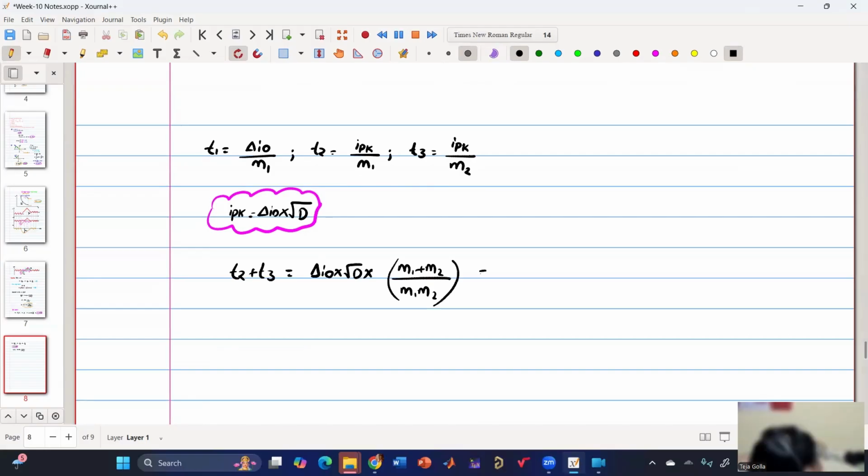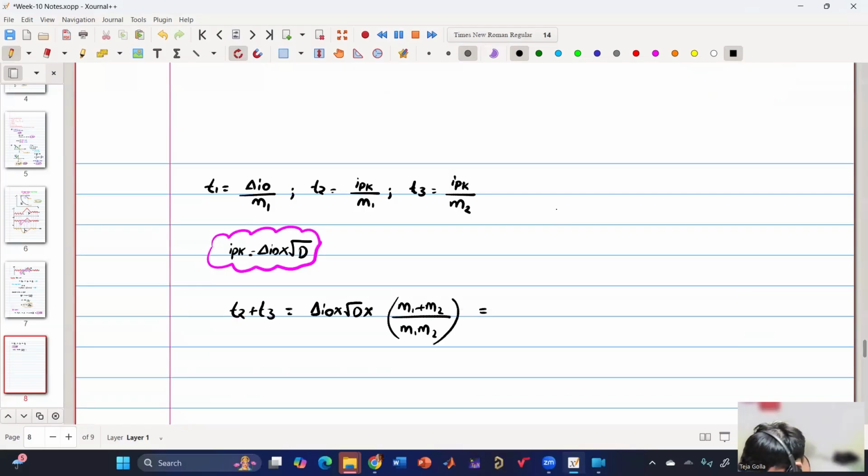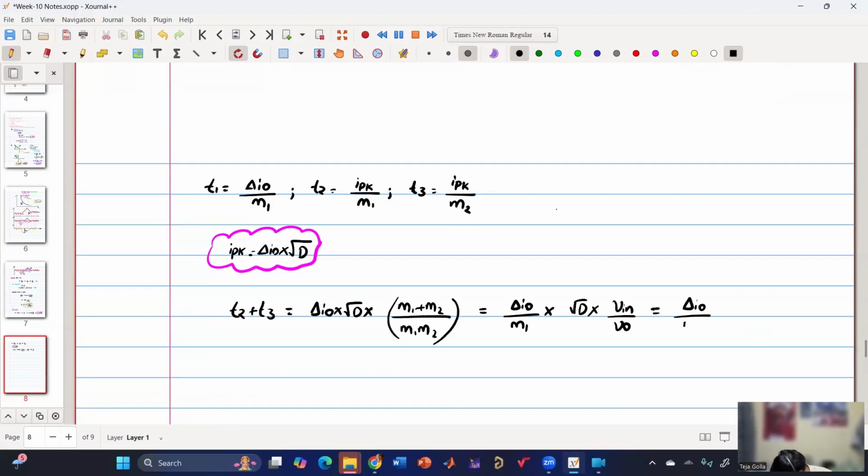So if we simplify this, we'll only do M1 plus M2 by M2, so it will be the opposite of this. I'll take M1 outside. So I'll get delta I naught by M1 into square root of D into V in by V naught, which is 1 by D. So I'll get delta I naught by M1 into 1 by root D. Agree?